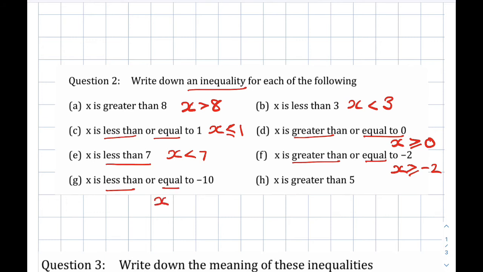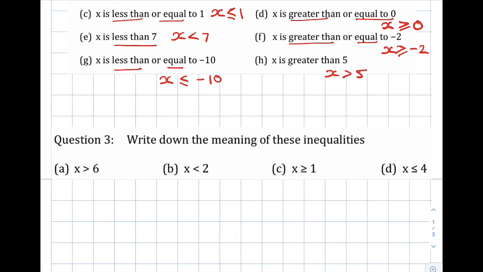So we're looking at all the values below negative 10, and it includes negative 10. So it's negative 10, negative 11, negative 12, and so on. H, where x is greater than 5. Okay, hope that makes sense.